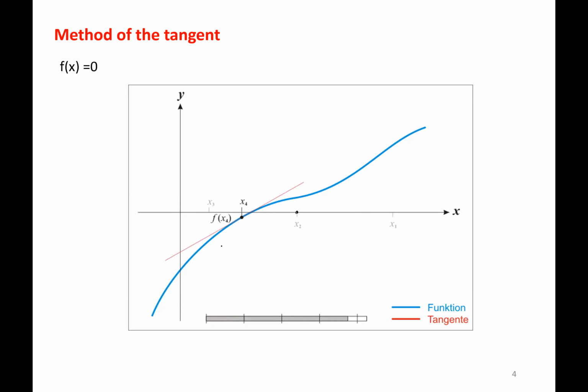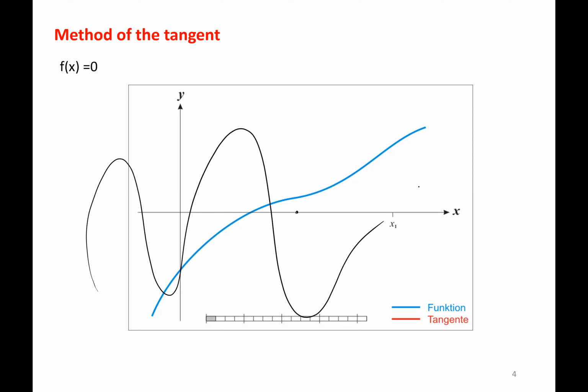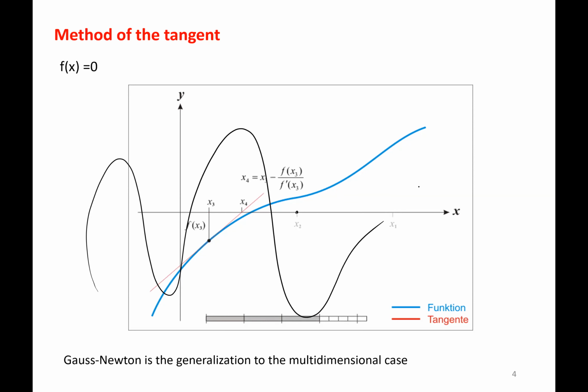So you take linear approximations of the nonlinear function, find the zero of this linear approximation, and iterate till you get to the zero of the nonlinear function. This works well if the function is smooth enough, if it is not bouncy. And what we want to use to solve our nonlinear optimization problem is a generalization of this method of the tangent, which is for scalar functions, to the multidimensional case.